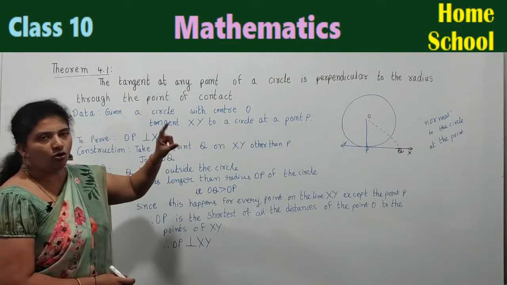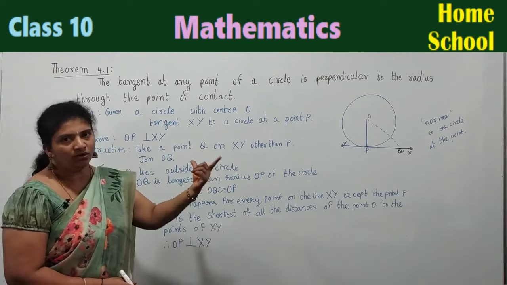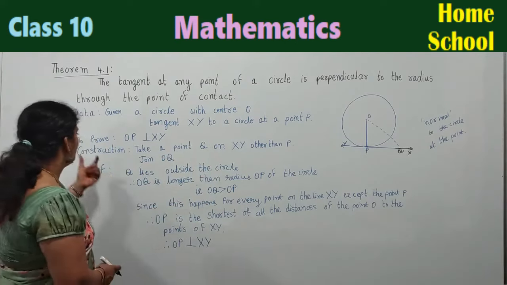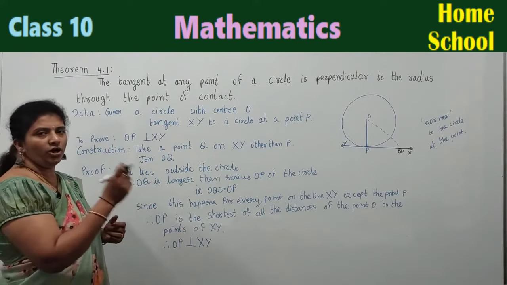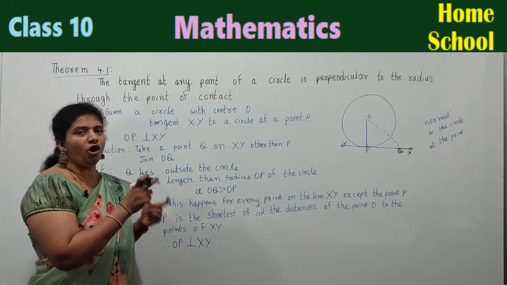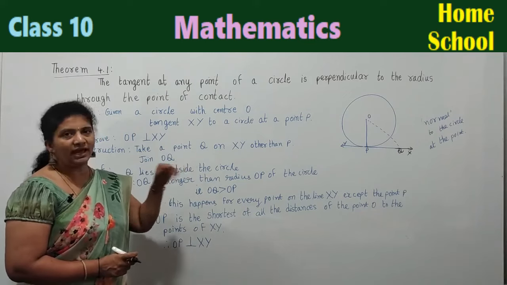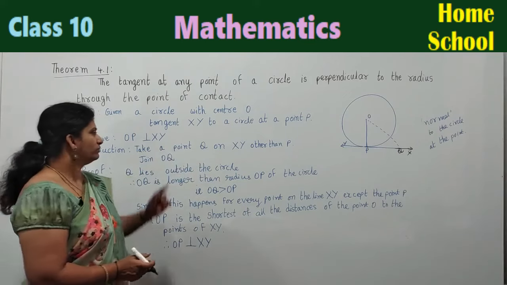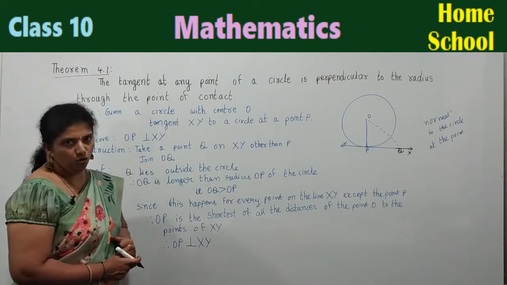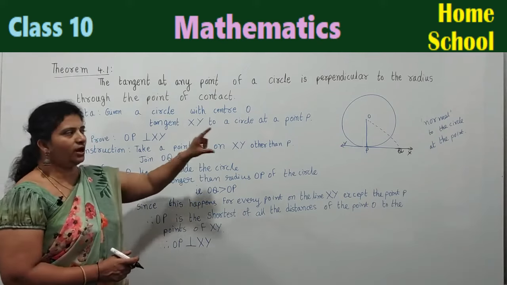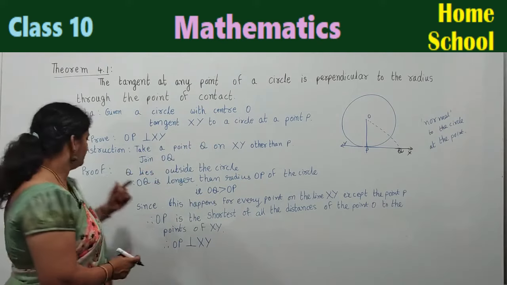We need to prove that OP is perpendicular to tangent XY. Construction. Mark a point Q on XY other than P. Anywhere other than P you can mark that Q. Join OQ, which means we need to compare the lines OP and OQ.